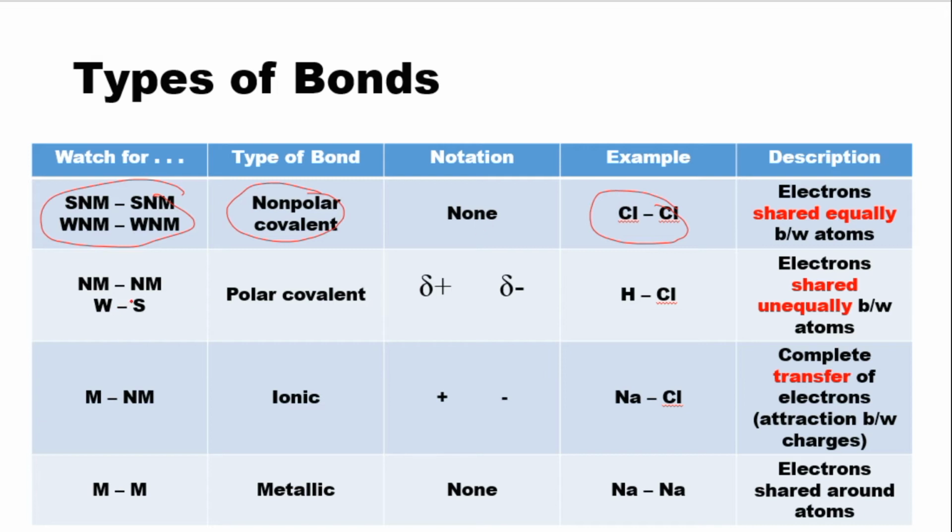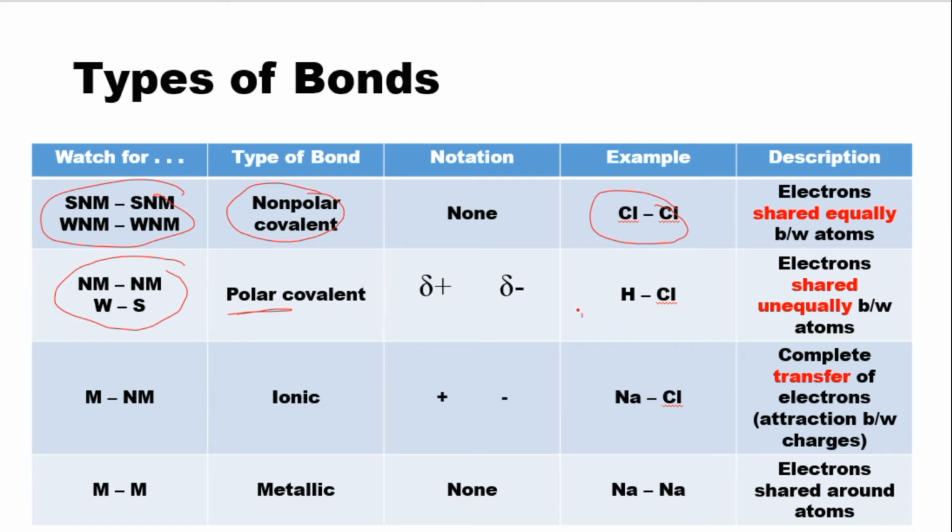When you have a weak plus a strong nonmetal, you get polar covalent. A polar covalent bond has electrons that are shared unequally, right? An example of that is hydrogen and chlorine. That's hydrochloric acid. If you need to go back and review naming acid rules, I would do so. In hydrochloric acid, the chlorine has 17 electrons, the hydrogen has 1 electron.